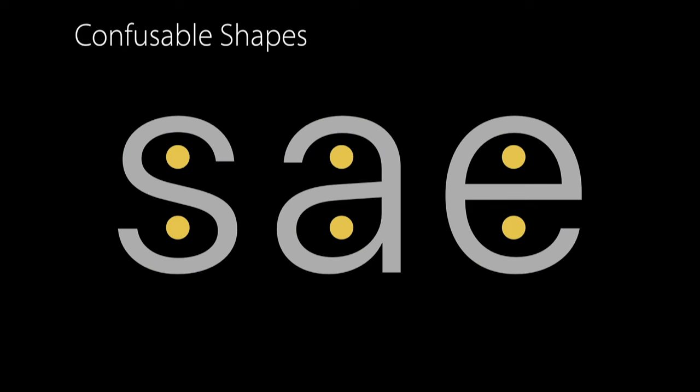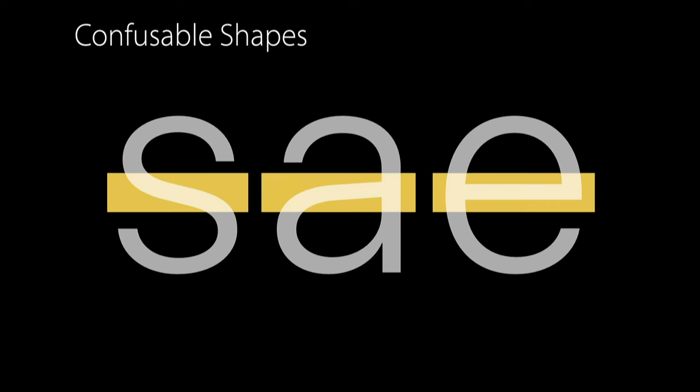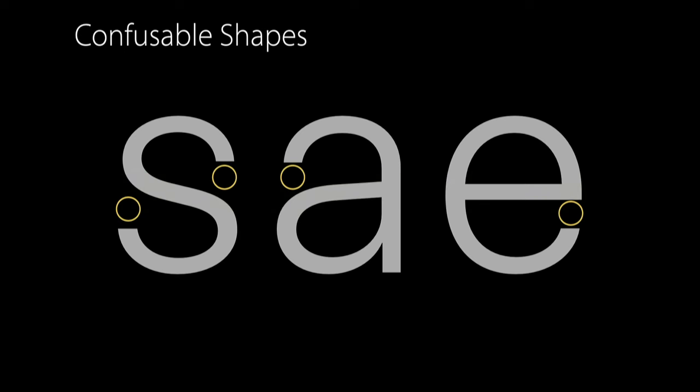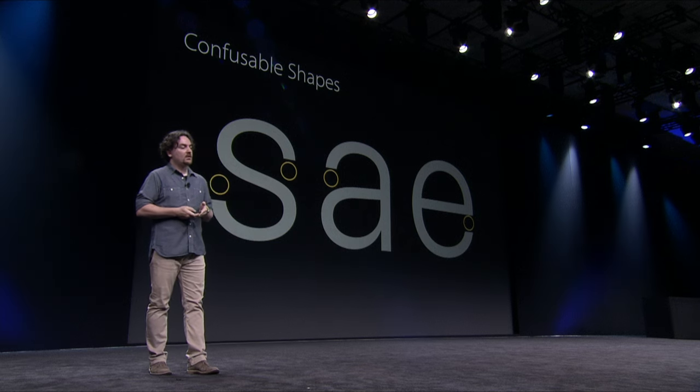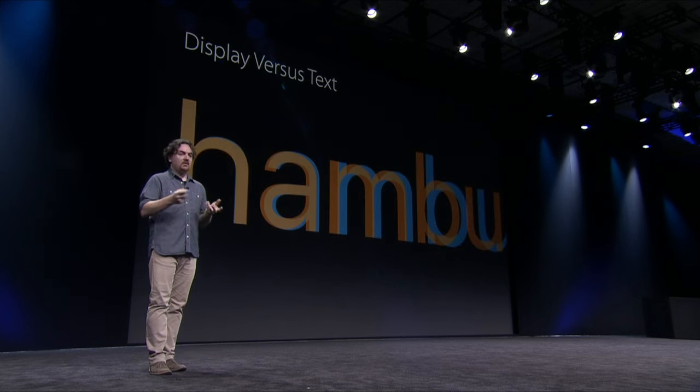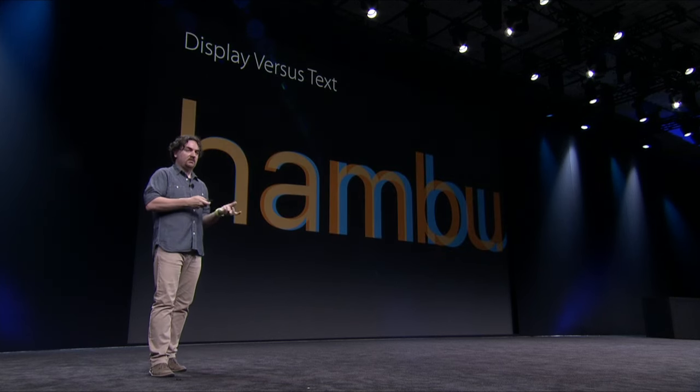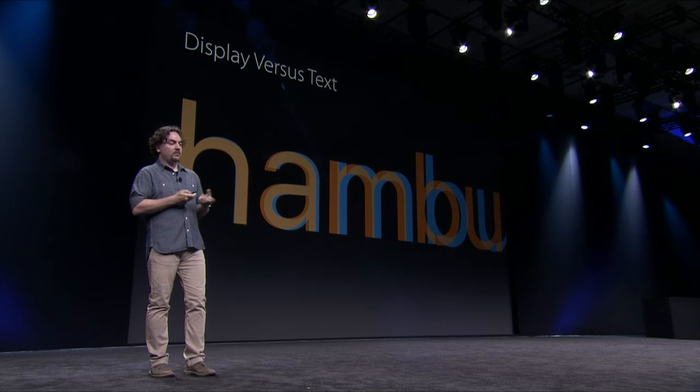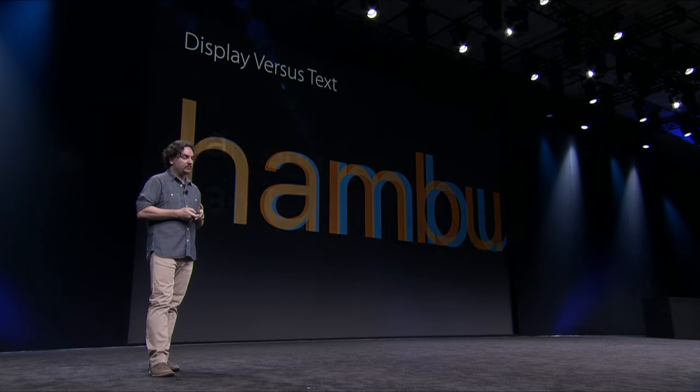They all have these two areas that we call counters that are in roughly the same position and roughly the same size. They also have this semi-horizontal area in the middle. And they're really defined by these areas that we call apertures. If you imagine air going to the letter, that's where it would flow in. So you really want to change the text fonts versus the display one. And when we do so, let me just show you some examples.